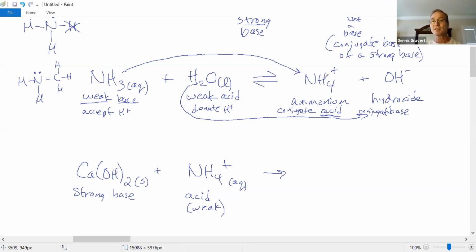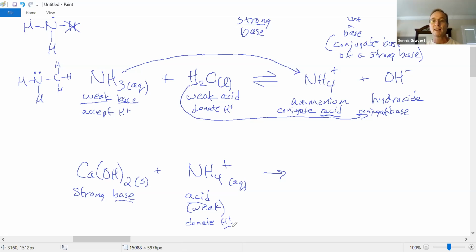And from this reaction, we know that the ammonium ion can release an H+ and turn back into ammonia. So you might say, well, this is one of the bases I had to memorize, so this thing must be the acid. And the definition of an acid is that you have to donate H+. So, hey, nitrogen, let go of one of those H's and let the H take off with the plus charge.